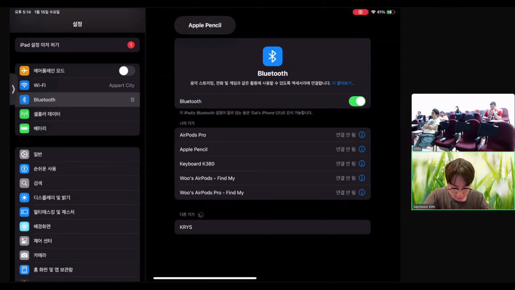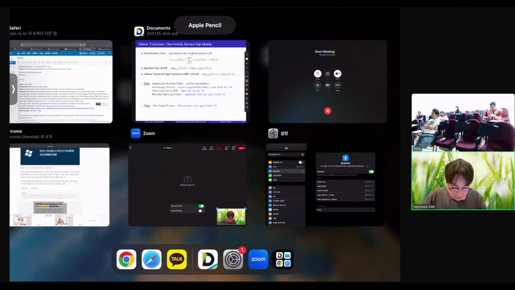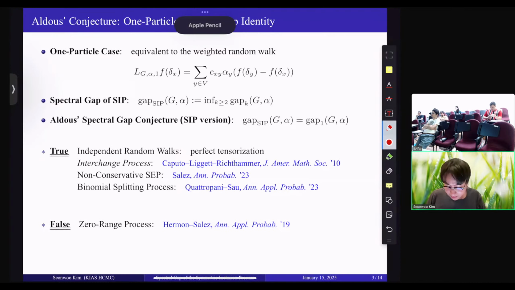Let's see it. Seonwoo, maybe you can carry on with your finger. Okay, yeah. I'll try it in 5 minutes.